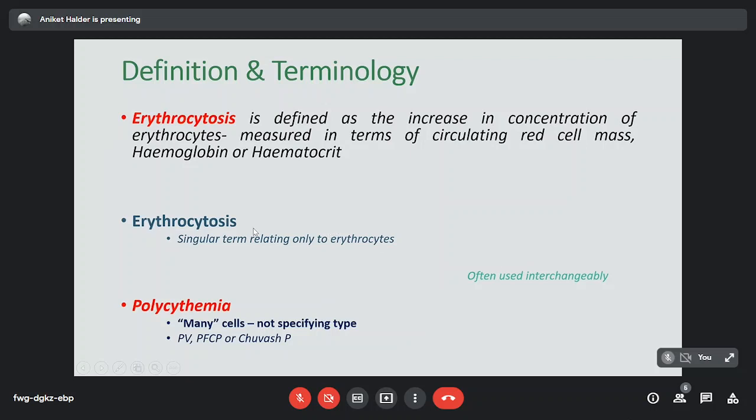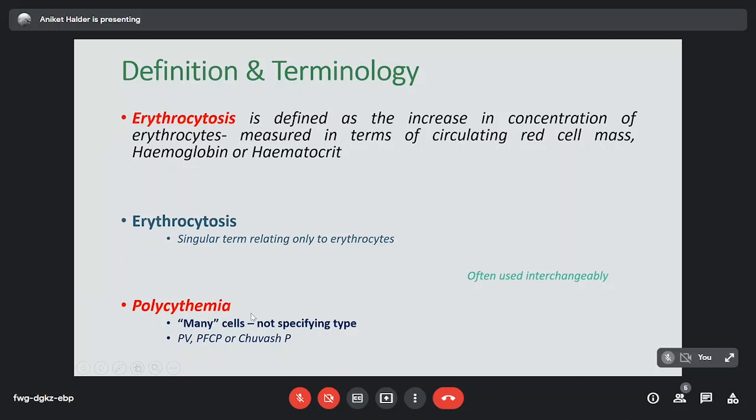Erythrocytosis means there is increase in number of RBCs. So, erythrocytosis is a singular term which relates only to the erythrocytes, whereas polycythemia means many cells. Poly means many and cythemia means increase in number of cells. So when we use the term polycythemia, we are not specifying the type of cells which are increased.